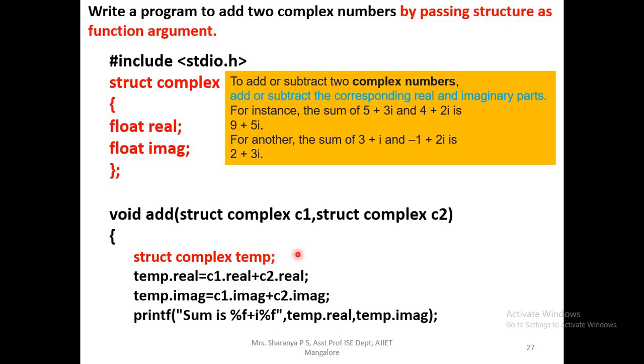That is, we combine the real part of the first complex number and the second complex number, add them and store the result in temp dot real. In the same way, C1 dot imaginary plus C2 dot imaginary is stored in temp dot imaginary, and we print the sum as temp dot real and temp dot imaginary.